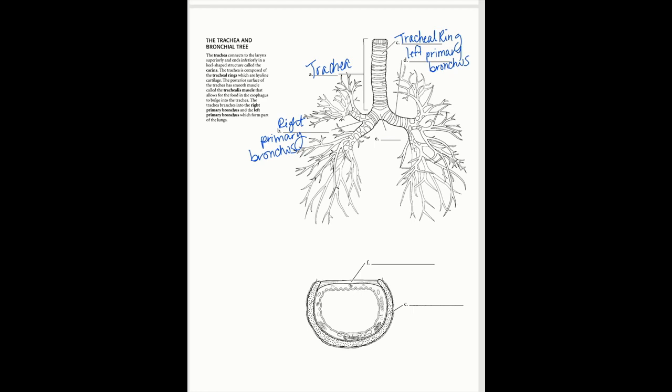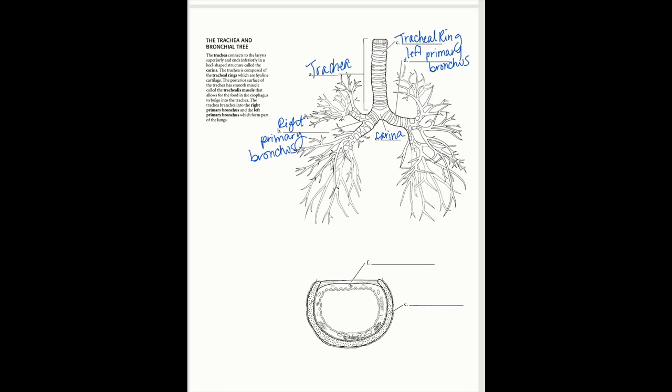And the region where we're going to branch off going from the trachea to the bronchus is called the carina. So that's kind of like the fork in the road.